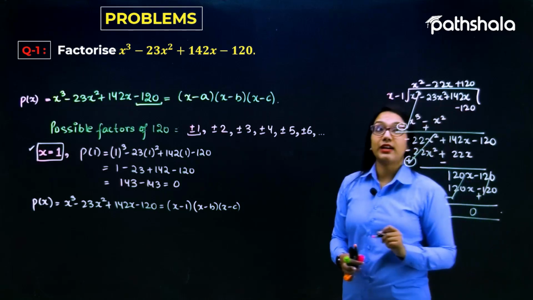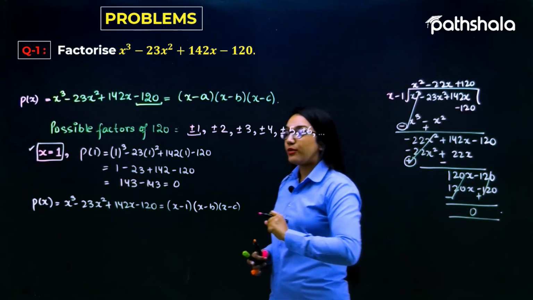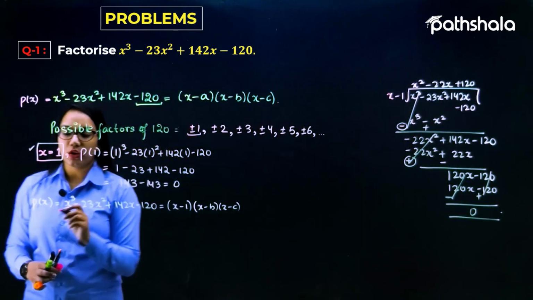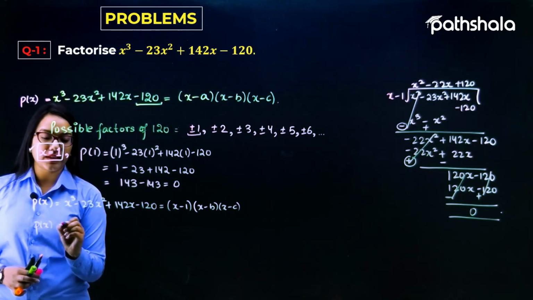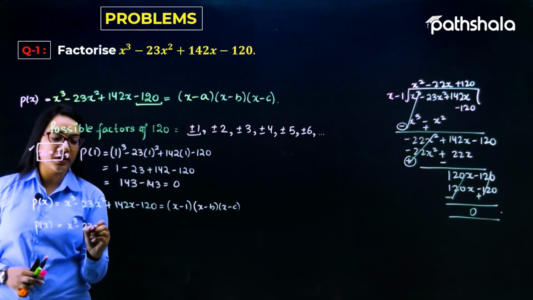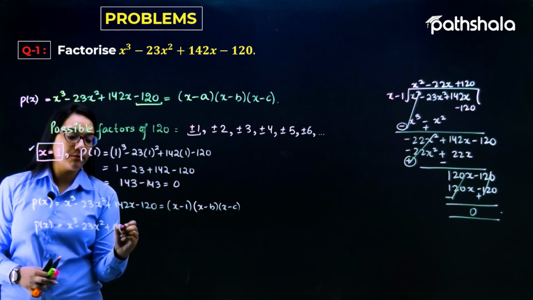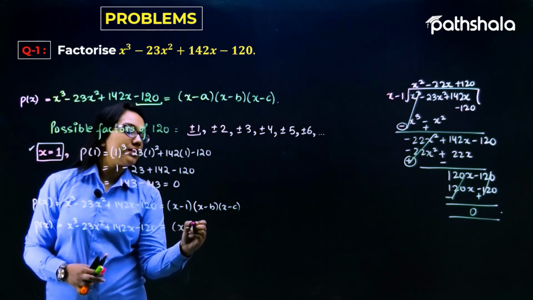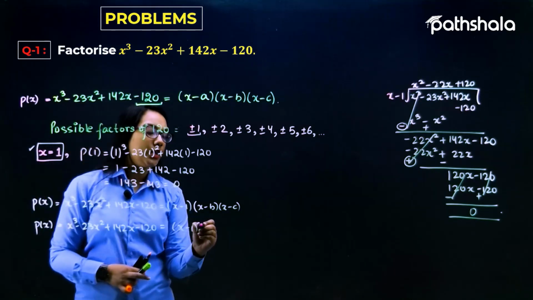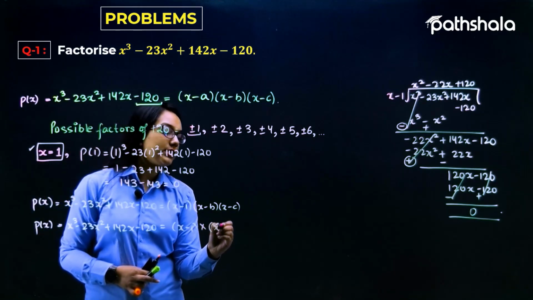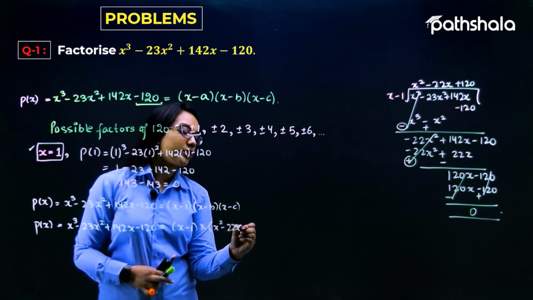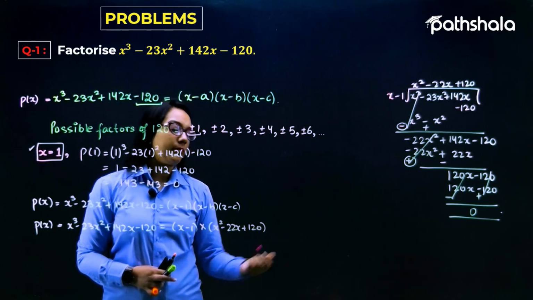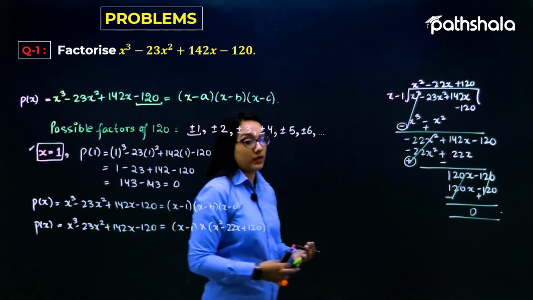So hence at the end what we can say is that we can write this particular cubic polynomial p of x, x cube minus 23x square plus 142x minus 120, as x minus 1, that is the divisor, into the quotient, and the quotient is x square minus 22x plus 120, plus the remainder, and obviously the remainder is equal to 0.